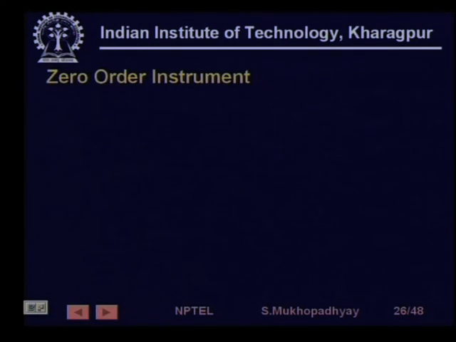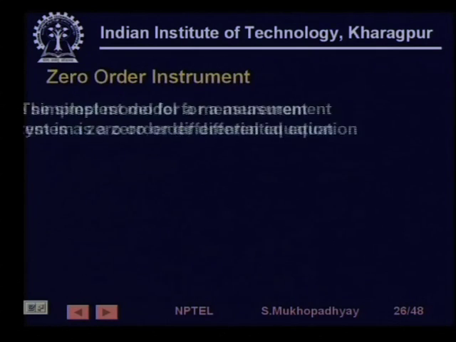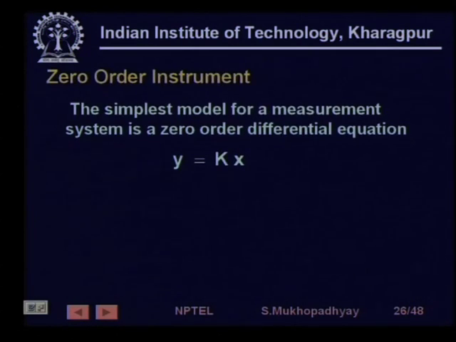So, accordingly we have various kinds of instruments. We start with the simplest, which is the zero order instrument, whose characteristic is given by y equal to kx. It is assumed that for the kind of inputs that are relevant to that sensor, the output is instantaneously equal to the input. So, it is like a resistance, you just apply a voltage, you immediately get a current.